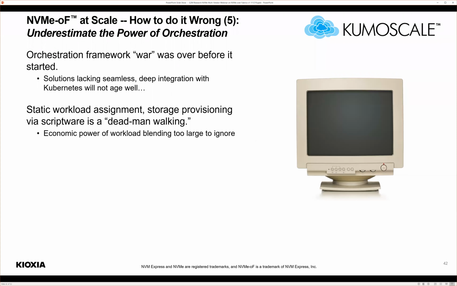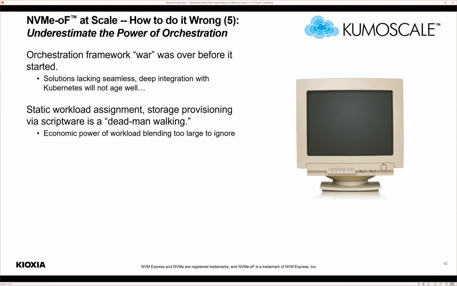And so finally, how to do it wrong, number 5, is to underestimate the power of orchestration. Orchestration means that a computer is deciding what runs where and not a human or a script. The orchestration framework war lasted about 3 minutes, and Kubernetes basically won.